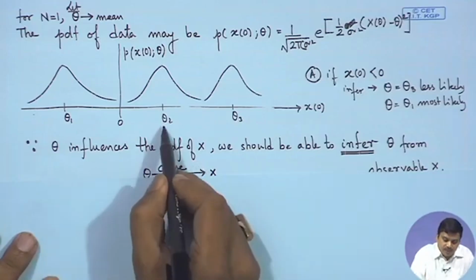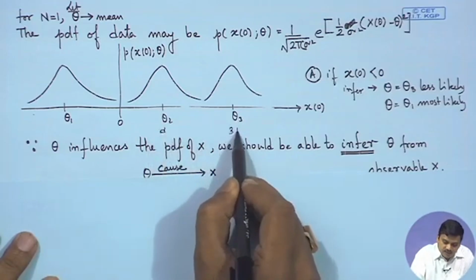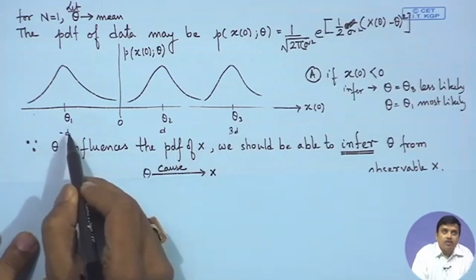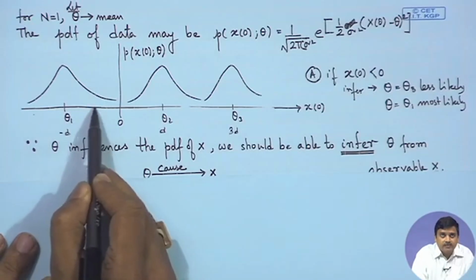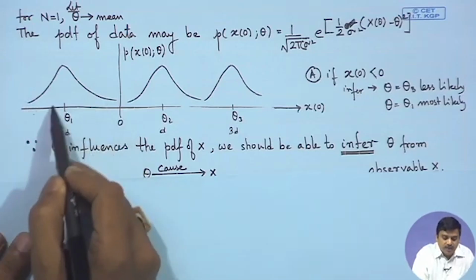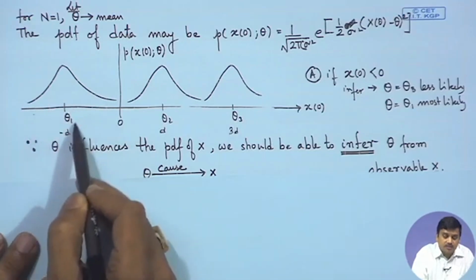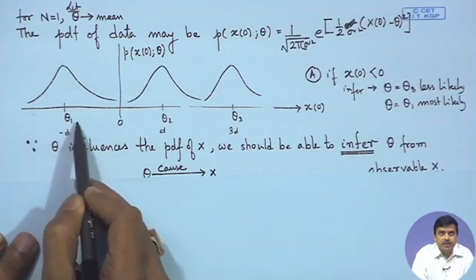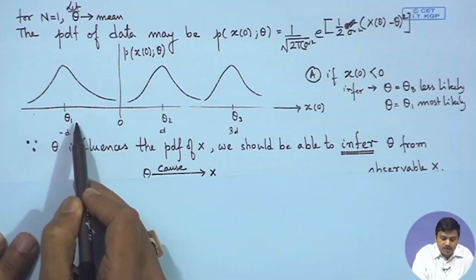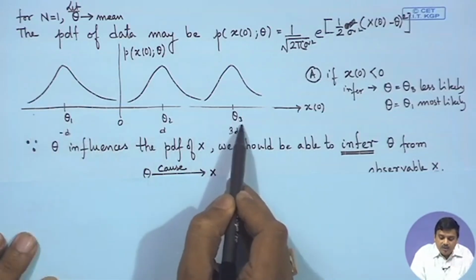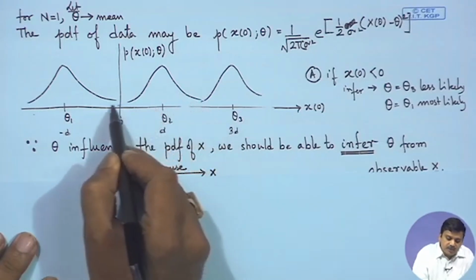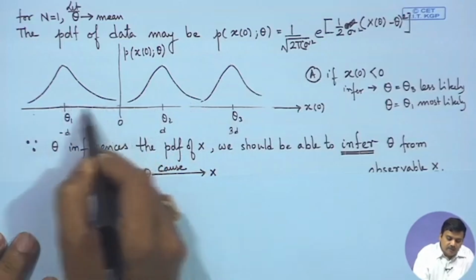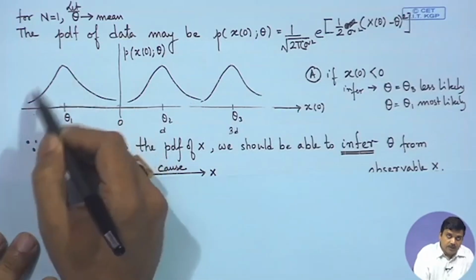So, for example, if this is d, this is 3 d, this is minus d, all we mean to say, if I receive x 0 somewhere here, the most likely signal that must have been sent is minus d, which is represented as theta 1 over here. So, the likelihood of that parameter being theta 3 is much less, because if we take the PDF, the area under the curve here is much less than the area under the curve over here.